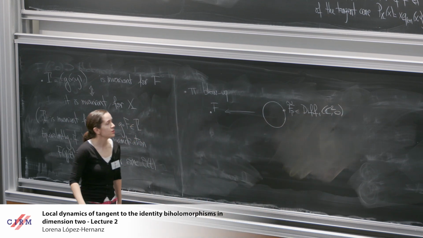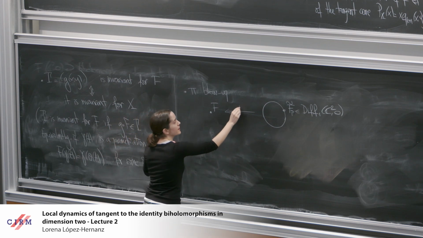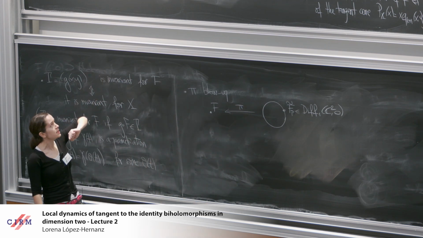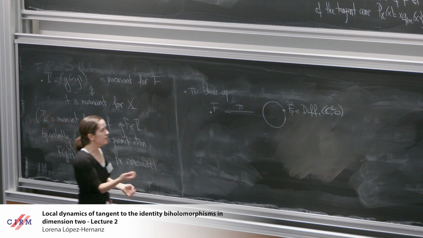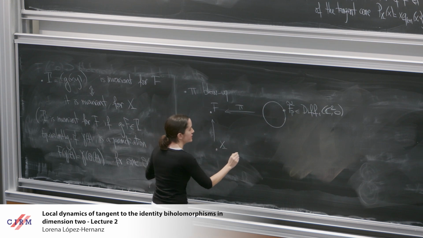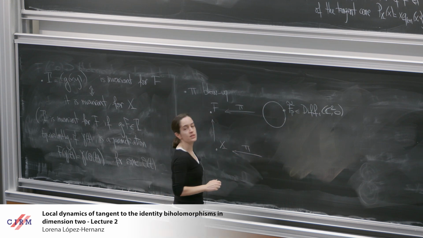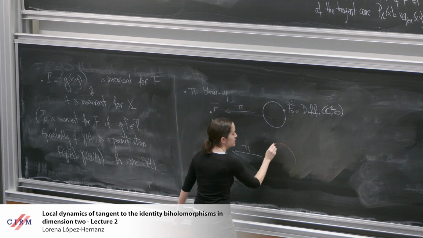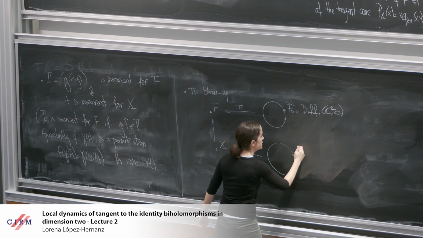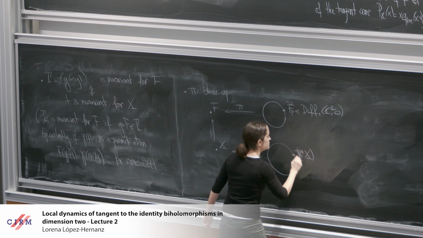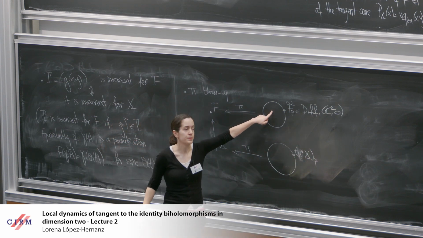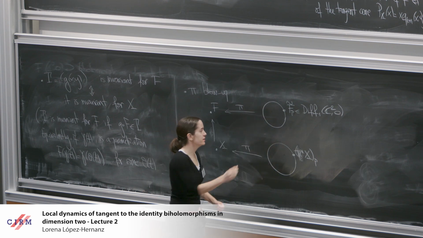So this correspondence with the vector field commutes with blow-ups. If we have the corresponding formal vector field and we consider the blow-up, we lift it to a point which is also a point of the tangent cone. Then the associated vector field will be this one.